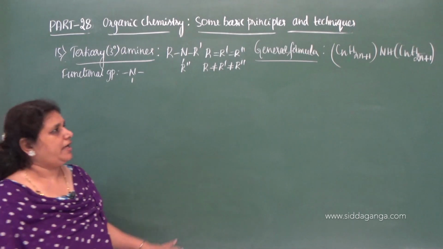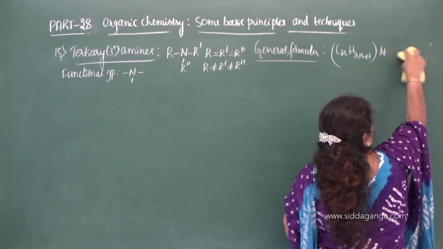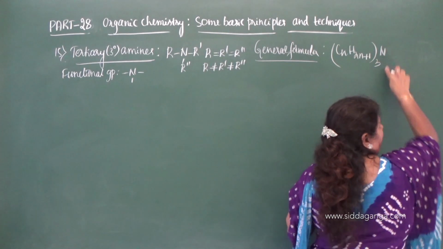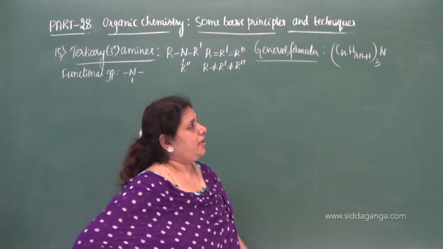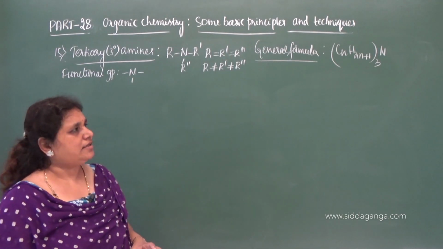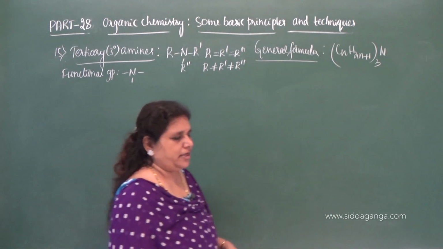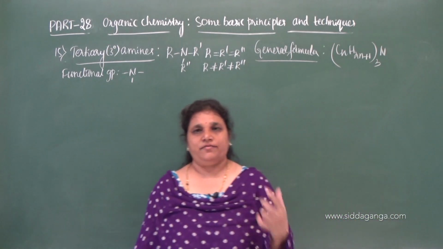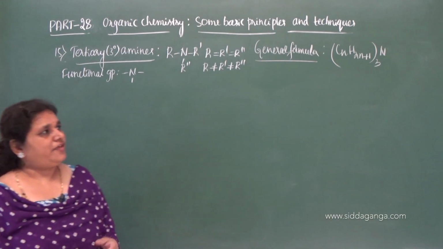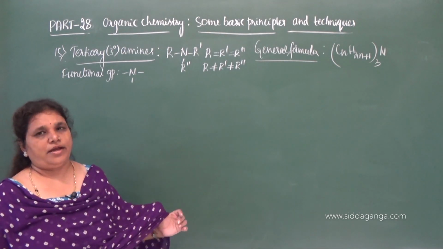You need to take the alkyl group general formula CnH2n plus 1 taken thrice, where the value of n can be same or different. If same, then you get the same alkyl groups. If they are different, then the alkyl groups are different in a given organic compound.